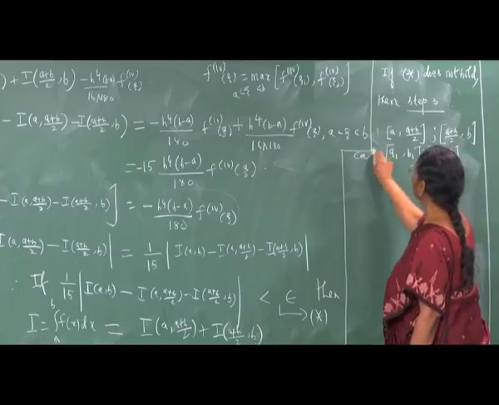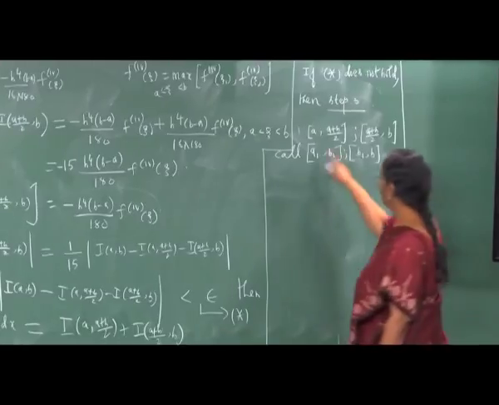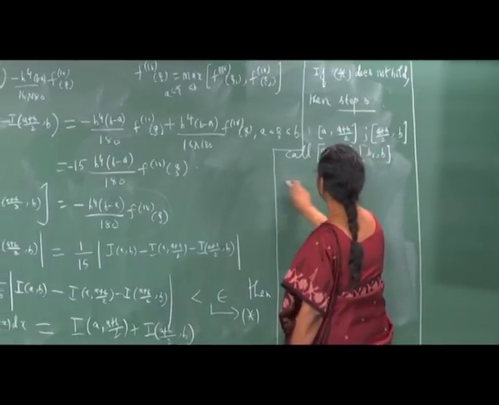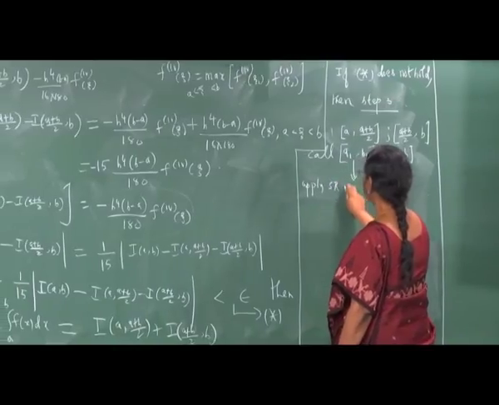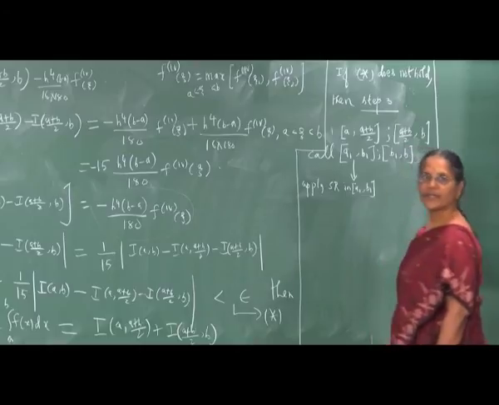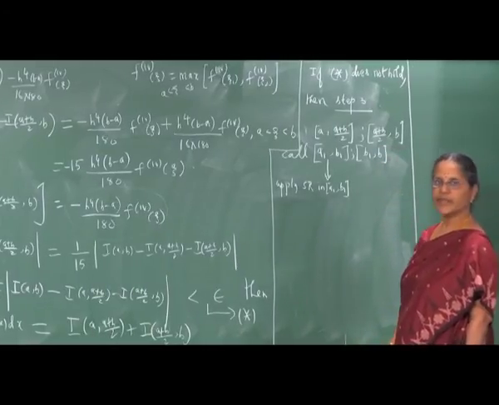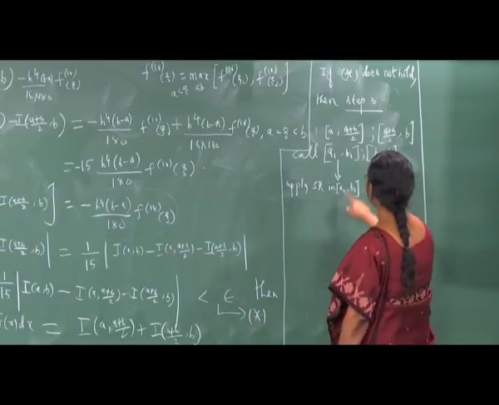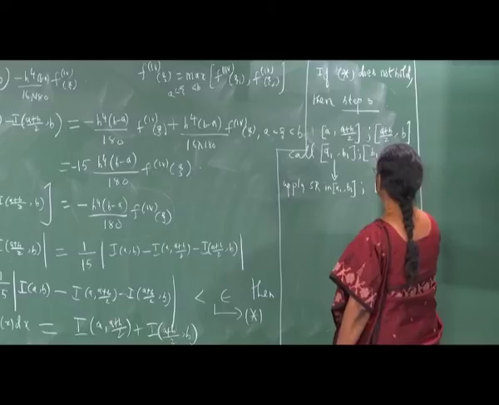You just name this, and now you apply Simpson's rule in this interval a1 b1, and also apply Simpson's rule in b1 to b.